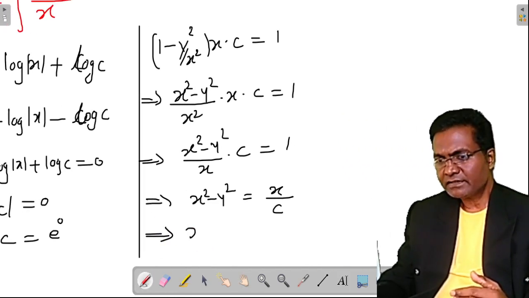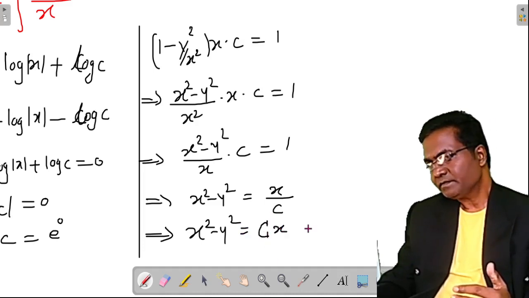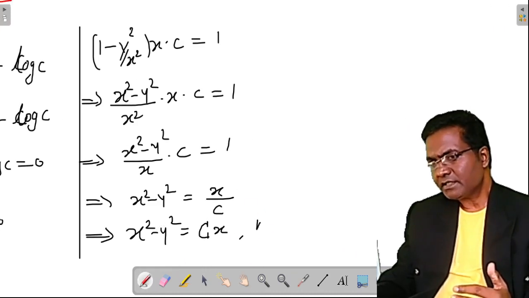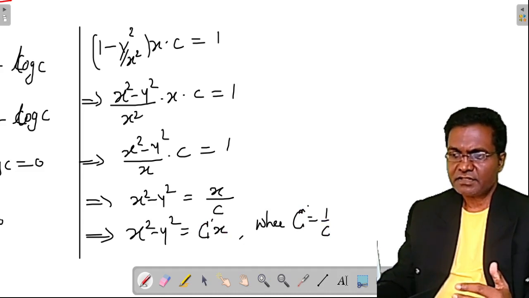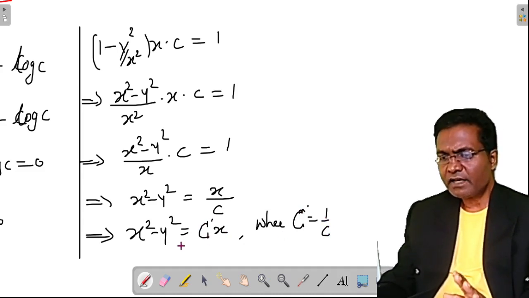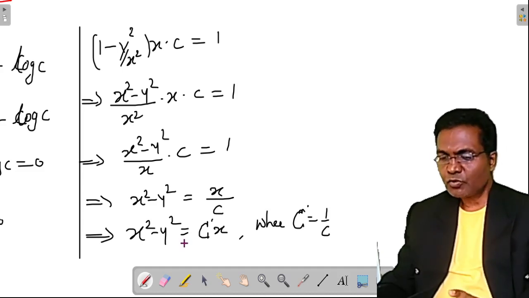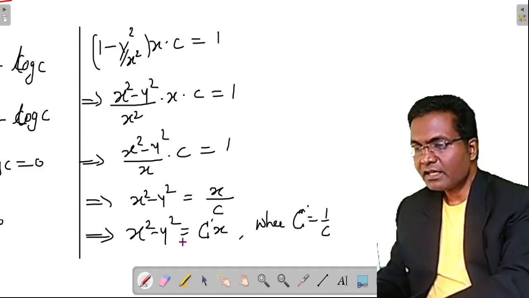So I can write it as x square minus y square equal to (1 by c) into x, with 1 by c some constant. I can write it as big C dash or c. So this is your required result, where big C stands for 1 by c, or you can write c dash. So this is the required family of curves for the given conditions. So practice this. We will meet in the next session with another concept.